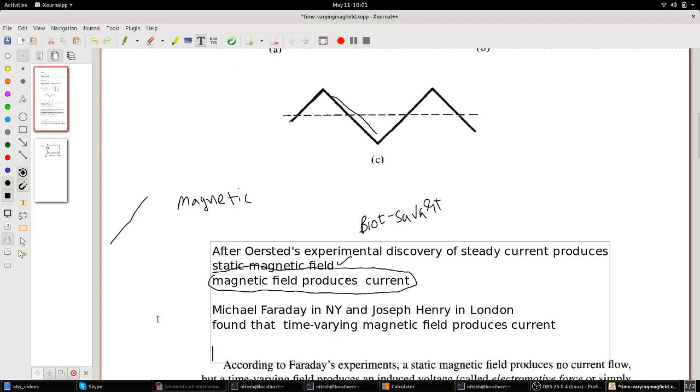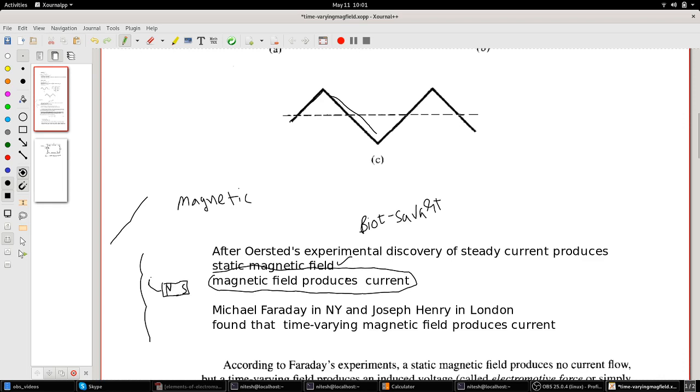So they found that if you have a static magnetic field near the wire, there is no current generated. Let's just say that there is a wire here, and I get a magnet here, where this is your north pole and this is your south pole.